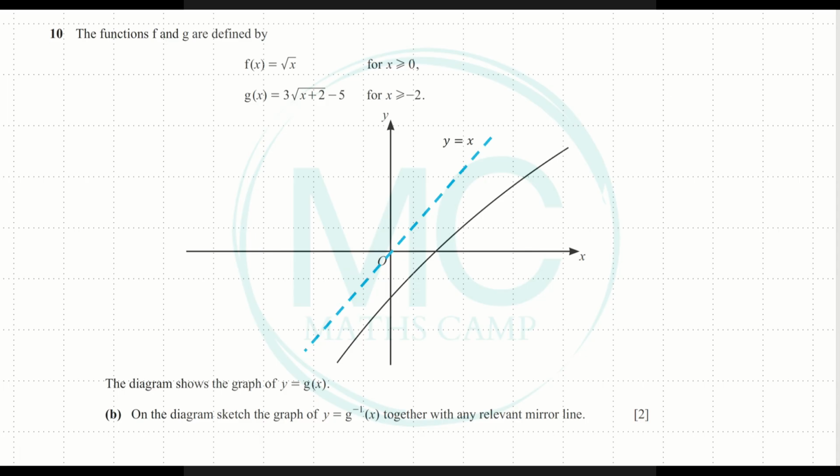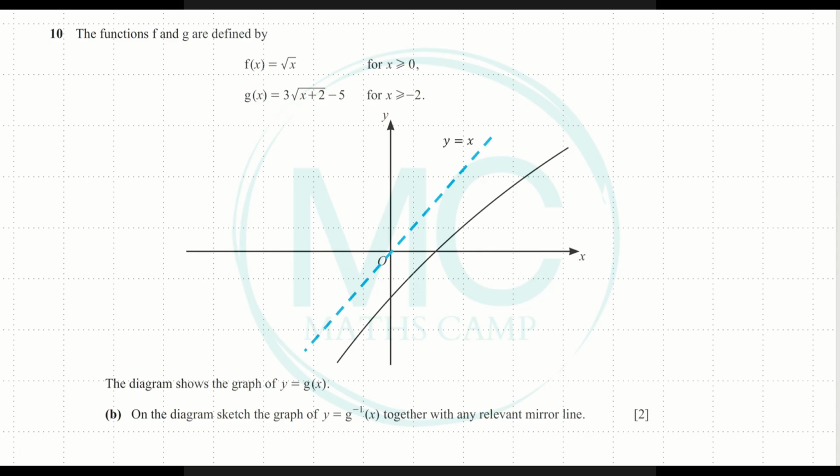And now we can sketch the inverse function. When sketching, you do not have to plot any points or any coordinates. You just need to give a general idea of where the inverse function will lie. Remember that the domain of a function is the range of the inverse and vice versa.